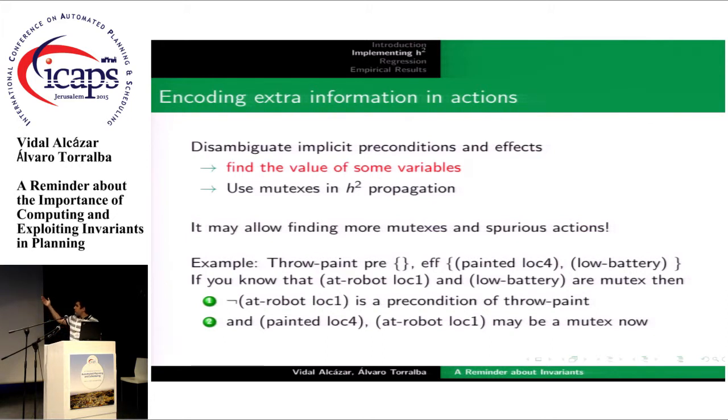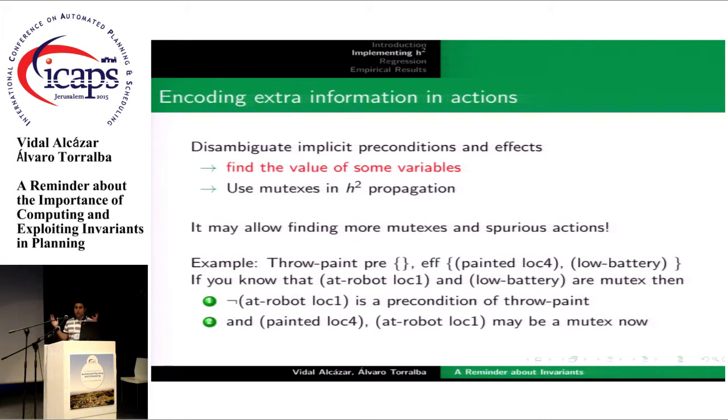So, for example, some actions might have some preconditions that are implicit. Look at this example. If in this Floortile problem we add a new action that paints any location, it doesn't have any precondition, but it also has the effect of making the robot have low battery.